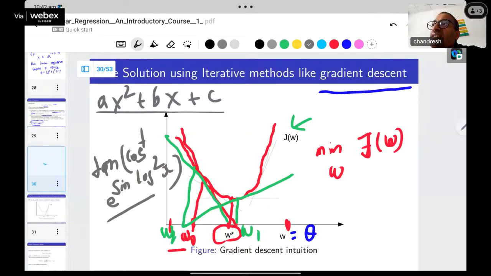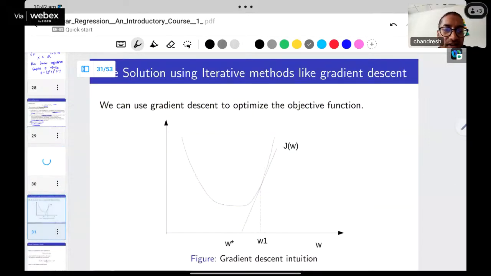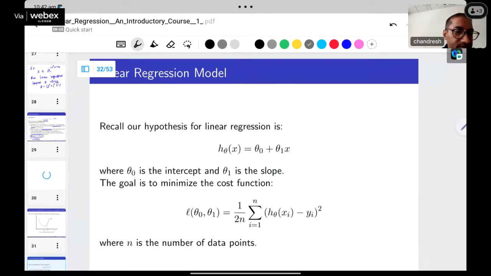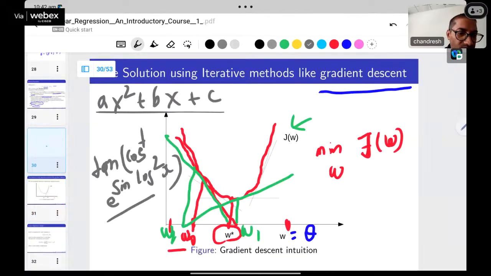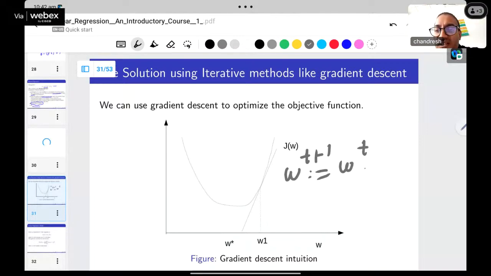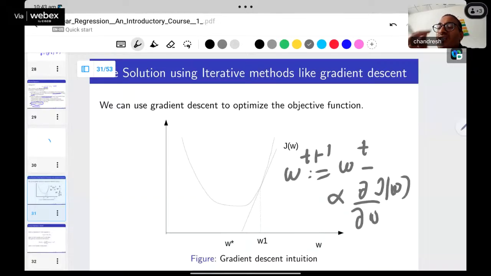Okay, when you optimize this function, eventually you get this update equation w_{t+1} equals w_t, sometimes written, I mean, remember w and theta is same in my notation, so don't worry, minus alpha times the derivative of the function with respect to w, whatever function you are optimizing. Okay, so we get this gradient descent update equation.